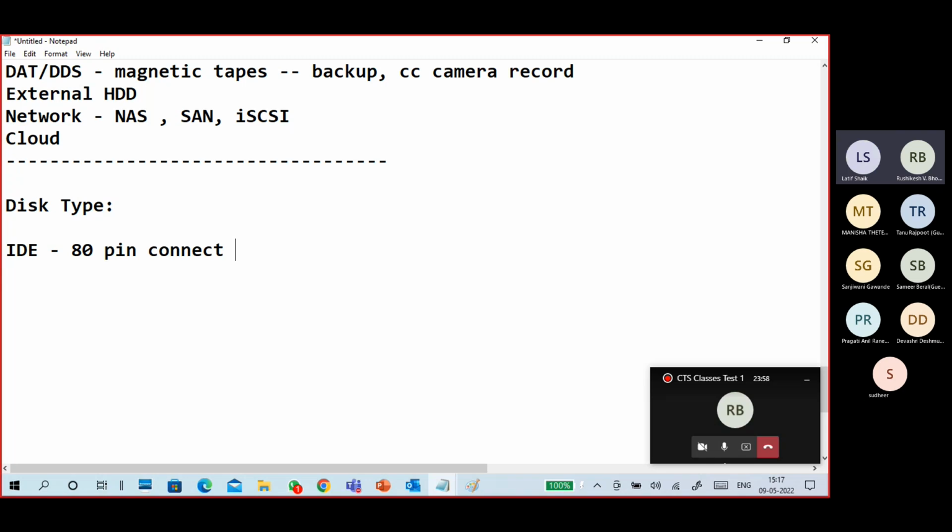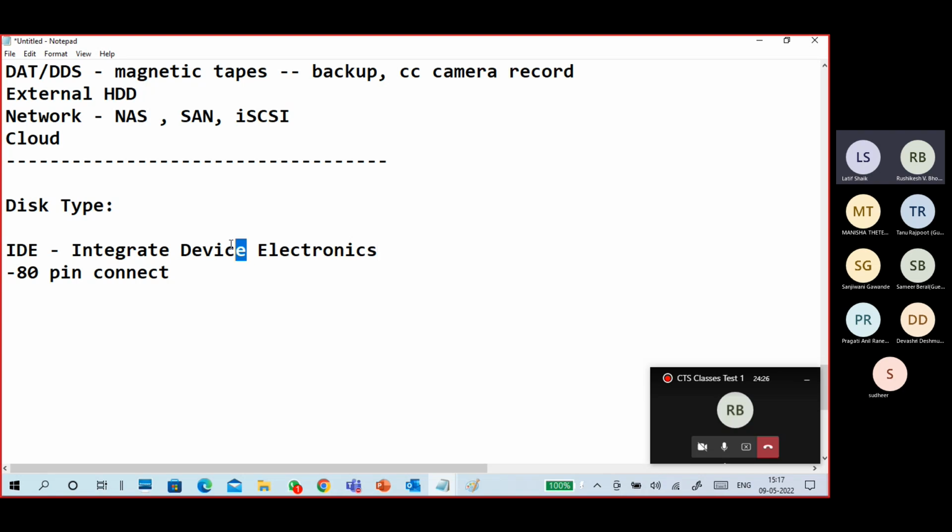First one, IDE, means integrated drive electronics.